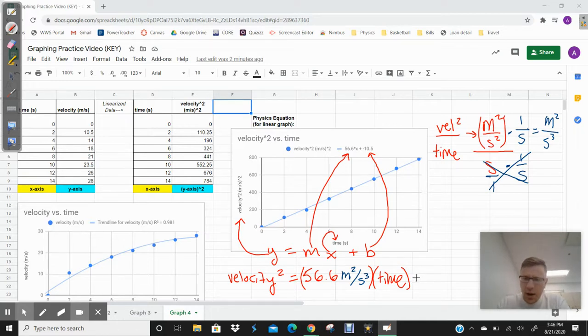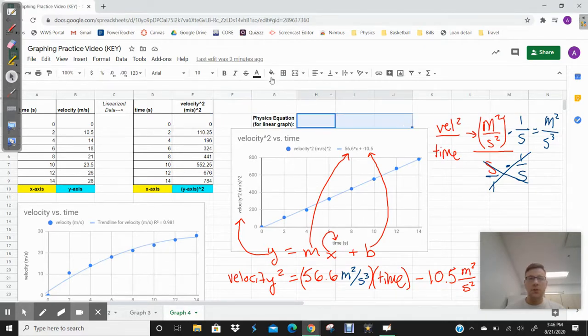So instead of doing plus, we would actually do minus 10.5 meters squared over seconds squared here. Okay. You could also do plus negative 10.5 if you wanted to put it in parentheses or something. Sometimes people find that easier. That is totally up to you. Okay. So let's go back over here.